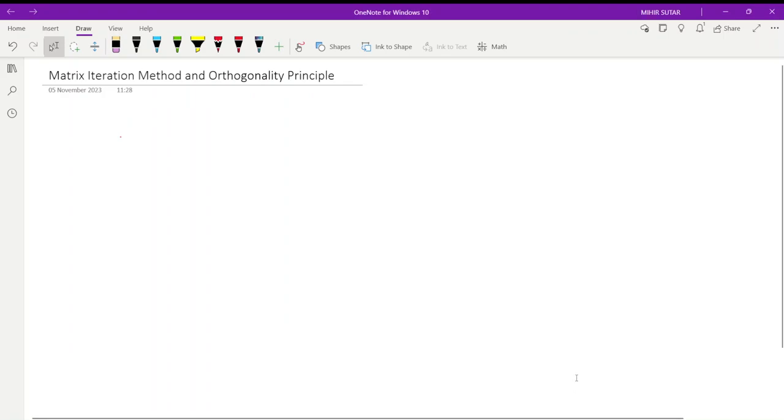So today we will read about matrix iteration method and orthogonality principle.